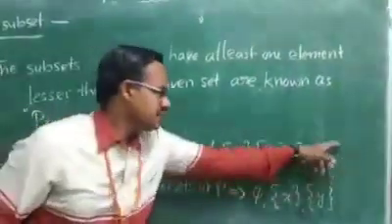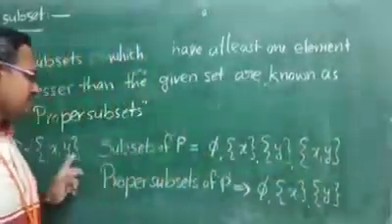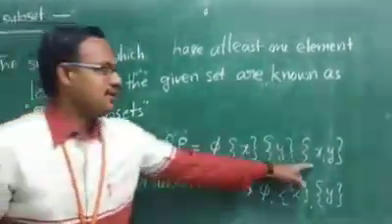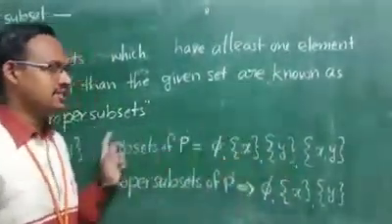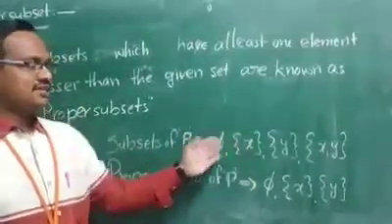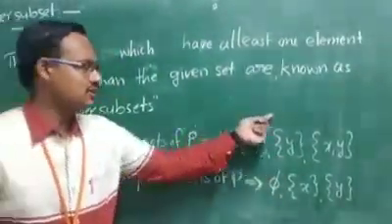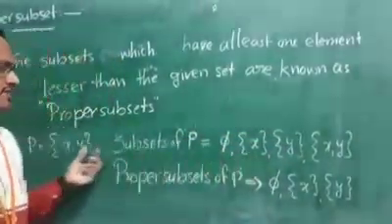Among these subsets, this set is equal to the given set. That means an equal number of elements are there as in the given set. But the other sets have fewer elements than the given set. So these sets are called proper subsets of the given set.